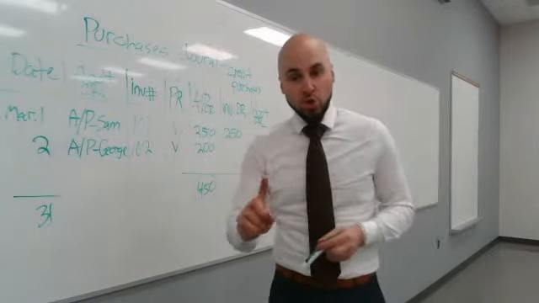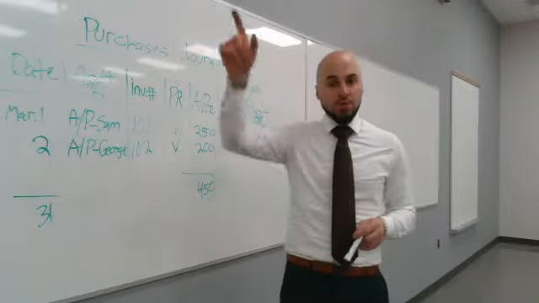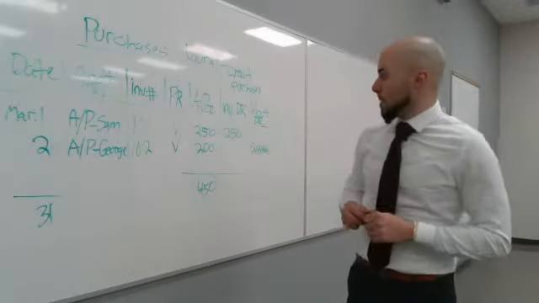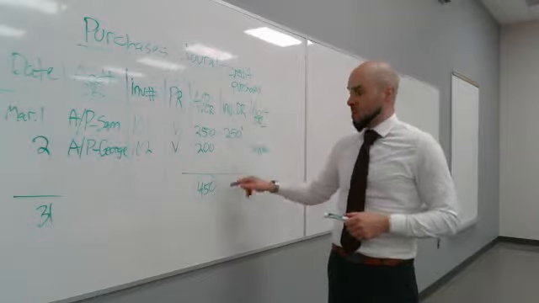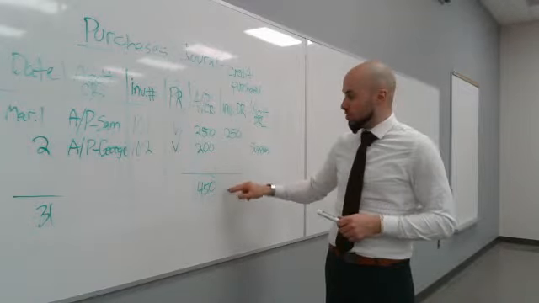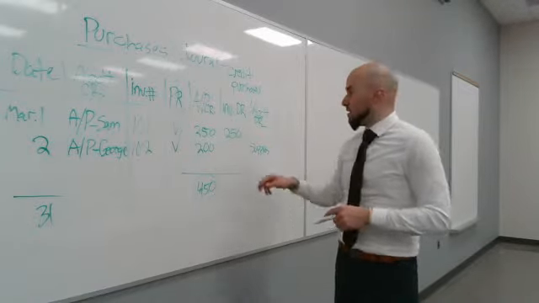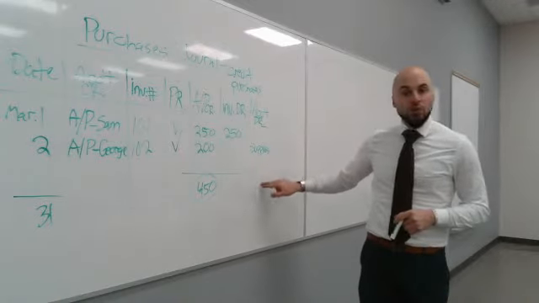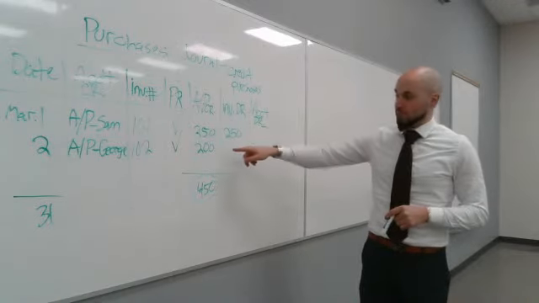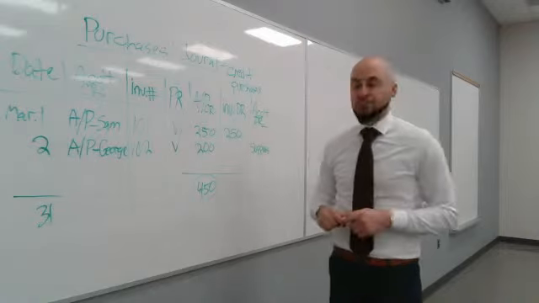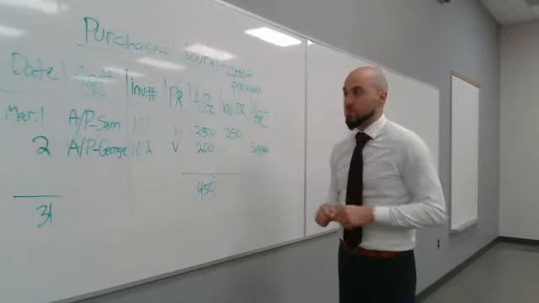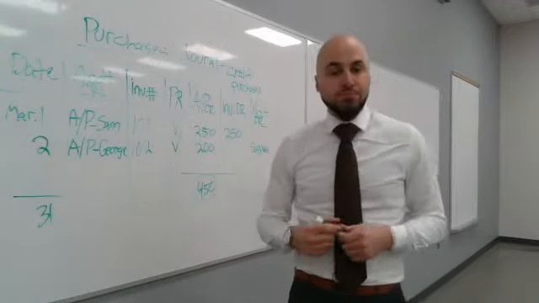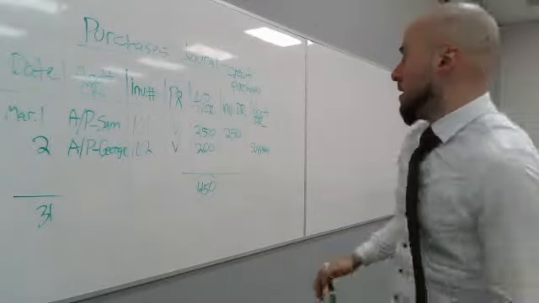Only the one total number at the end of the month will get put into that accounts payable. Inventory, same thing. At the end of the month, put this full 250 in there. Supplies account, for the 200, put it in there. There's the purchases journal.